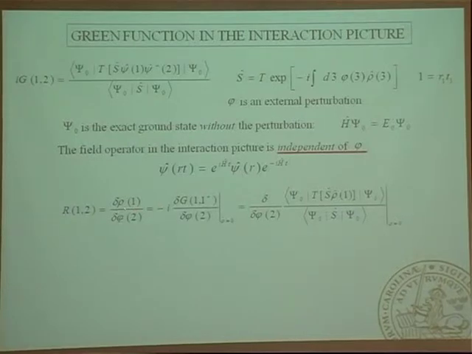And we just use the expression for the density in terms of the Green's function. The density is then just a diagonal component of the Green's function. And then we take the functional derivative and calculate it at phi equal to 0.